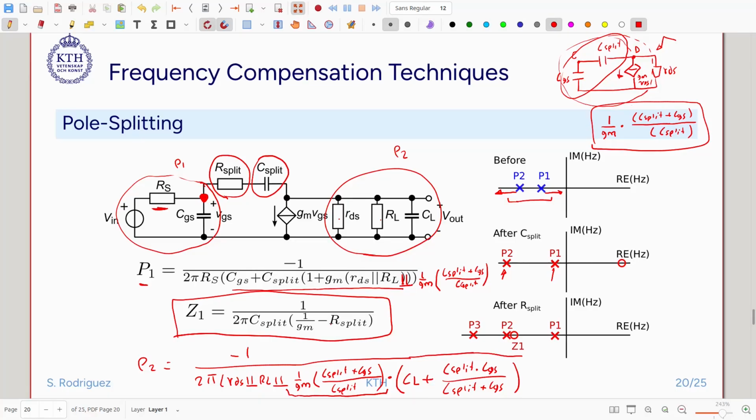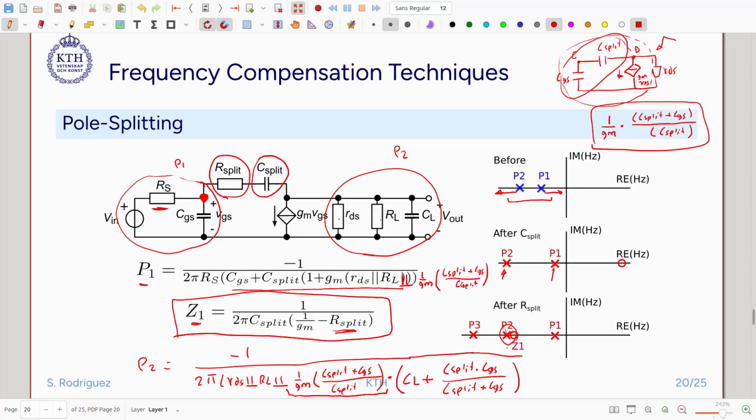So I have the possibility of moving this 0 wherever I want, depending on the value of the resistor. One thing I can do is move it to very high frequencies where it doesn't affect me. Or I can do something very smart, which is to place this 0 over the second pole, so it will cancel it. I will try to put my 0 here over the second pole so that it will cancel the second pole.